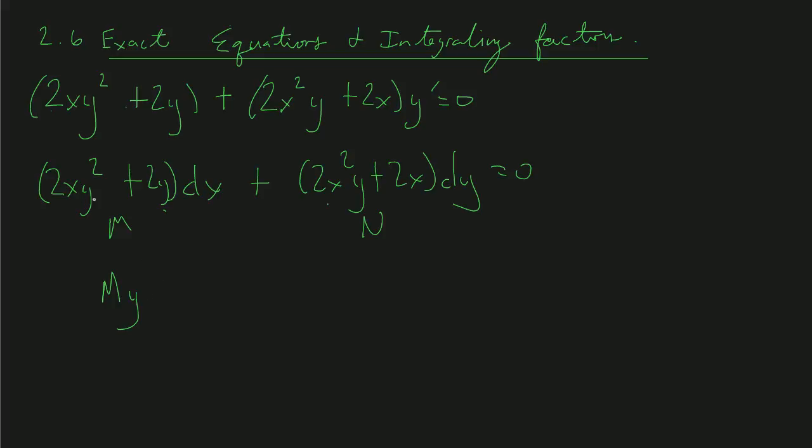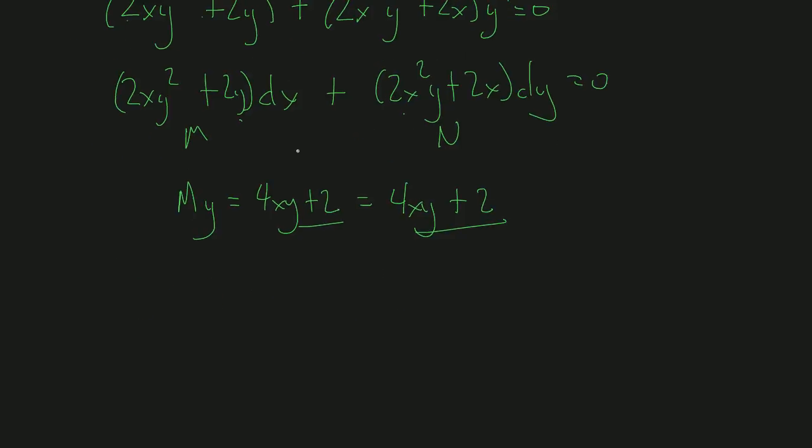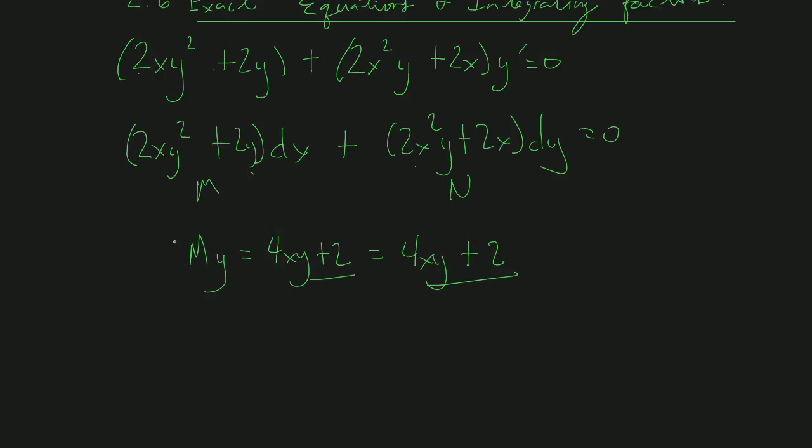So if we're doing this with respect to y, then this becomes 4xy plus 2, which is equal to this one here, because if we take this with respect to x, then it ends up being 4xy plus 2. These are the same, so what this means is that we can in fact use this method.